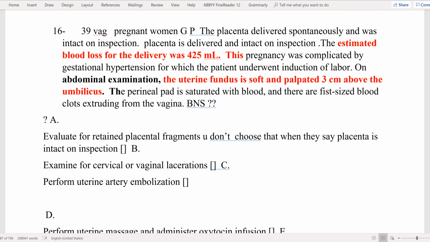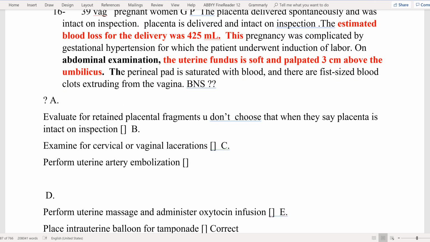So what are the risk factors for postpartum hemorrhage? The ones that you mentioned: polyhydramnios, multiparity, chorioamnionitis, retained placenta, uterine rupture, coagulopathy.